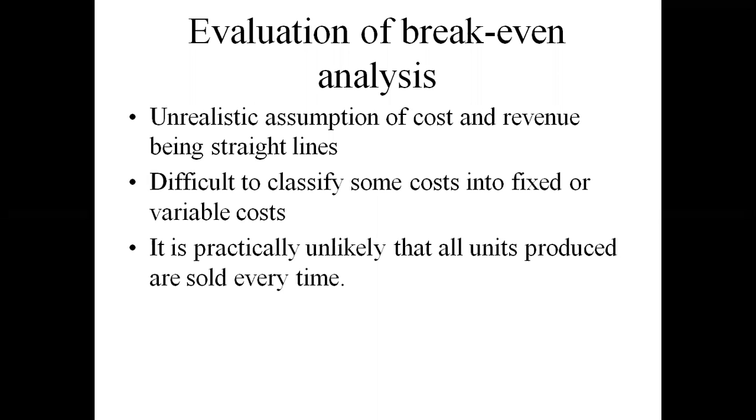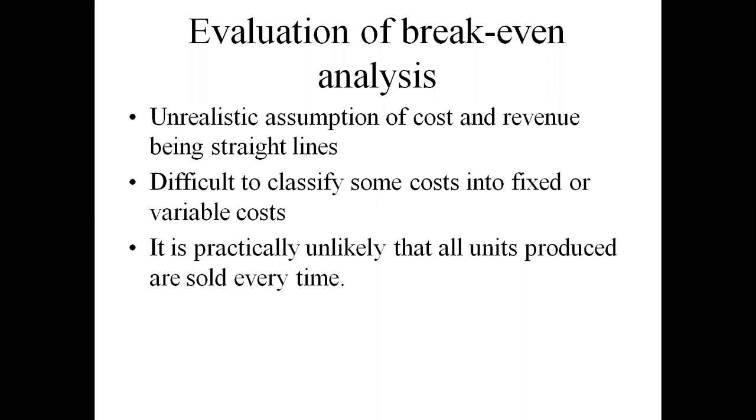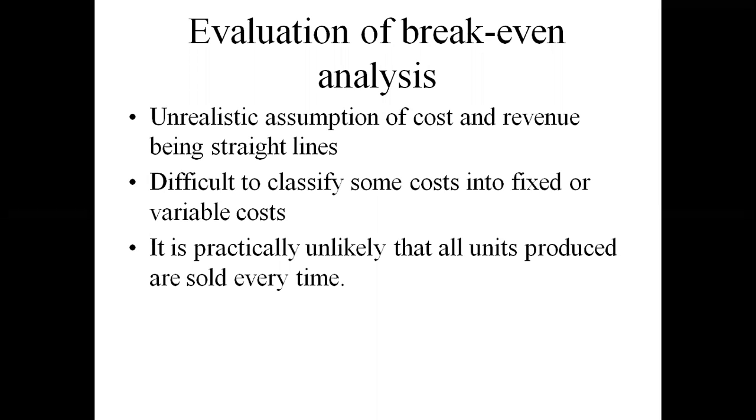Why? Because it happens that when a business starts producing, they are able to sell some of the items, and some of the items they keep as inventory. And all those students who study accounting know that inventory is a very common item which is shown in the statement of financial position of any business. Why is it a common item? Because all businesses have to keep an inventory.